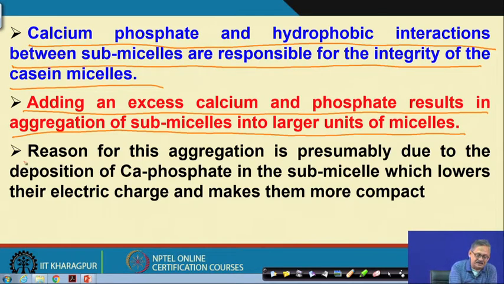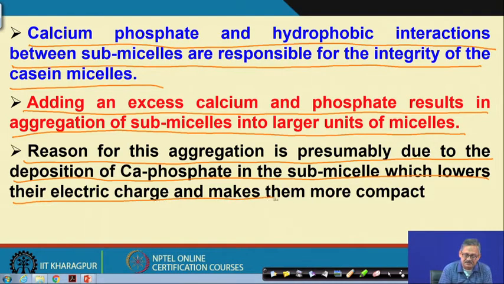The reason for this aggregation is presumably the deposition of calcium phosphate in the sub-micelle, which lowers their electric charge and makes them more compact, right.